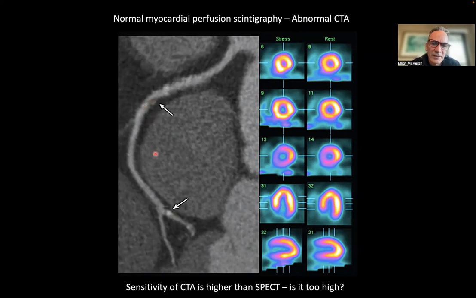Historically, CT has not been overwhelmingly adopted by cardiologists because they feared that it would be a gatekeeper to the cath lab.